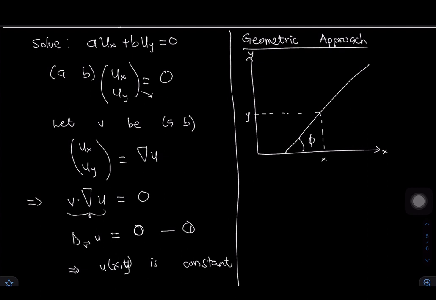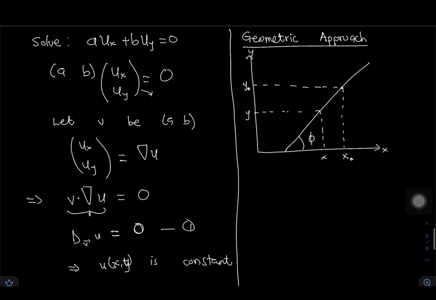They can move anywhere you want. Then I'm going to pick an actual point here, which has the coordinates (x0, y0). So what do we expect? We expect that the gradient is 0.